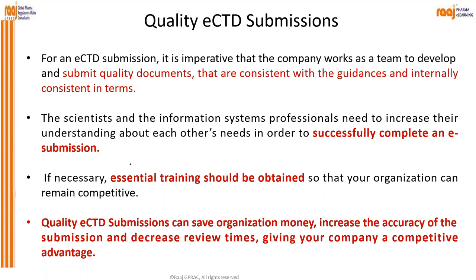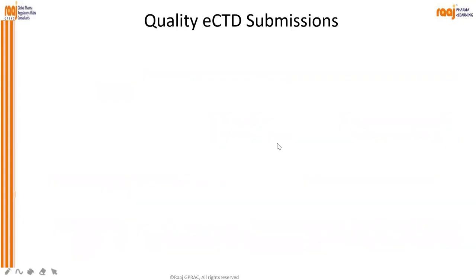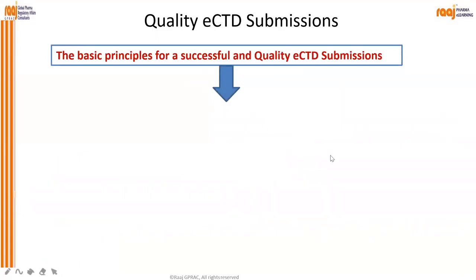So see to it that your organization employs proper people and purchases proper tools like eCTD software with a licensed copy and PDF licensed copy, so that your organization can save money, increase accuracy in submission, and decrease review time so that you get faster approval, and in this way you give the company a competitive advantage, right?